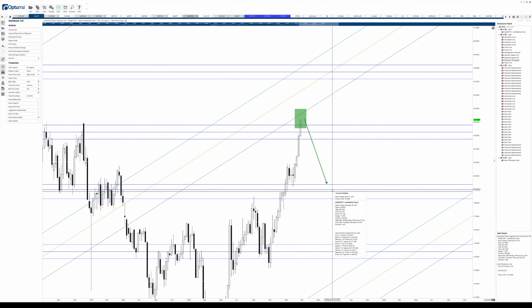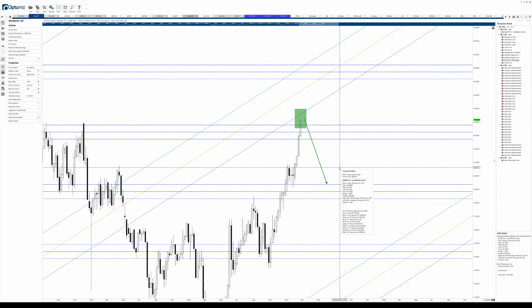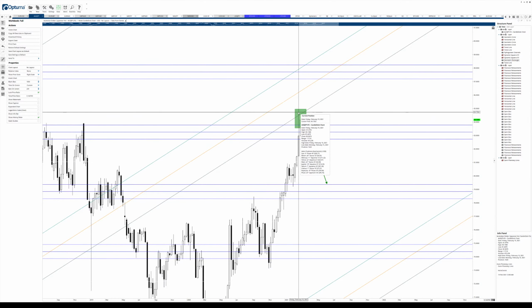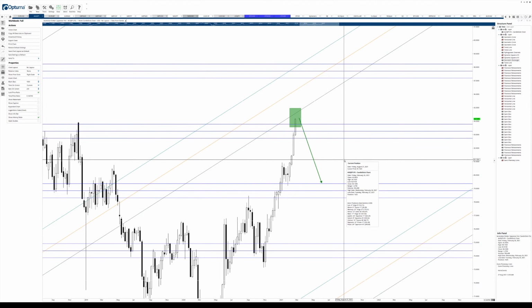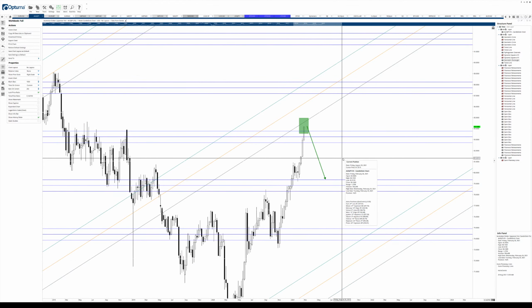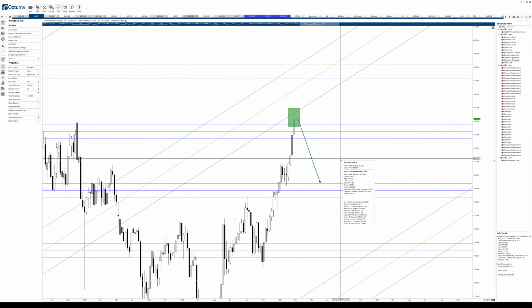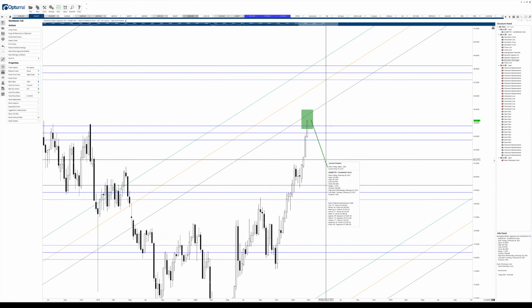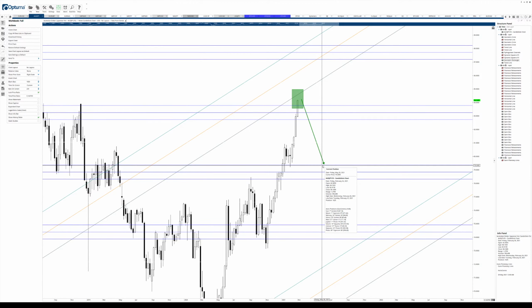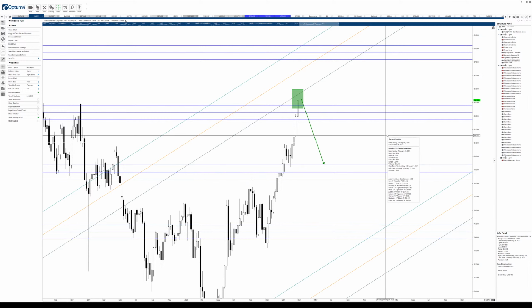Maybe even 79 even. So you're looking at a greater than 500 pip, possibly if it gets higher, 600 pip drop, which, depending on the time frames you trade, is either freakishly a huge amount or a pretty natural amount if you trade on weekly and monthly charts. That is a very likely area. That's where I would expect to see it return to.